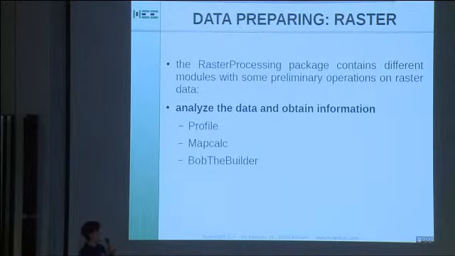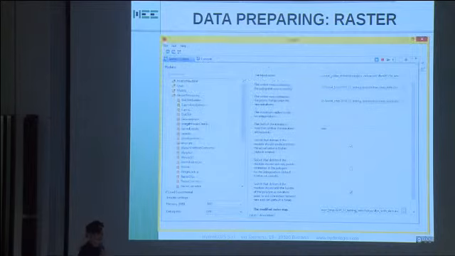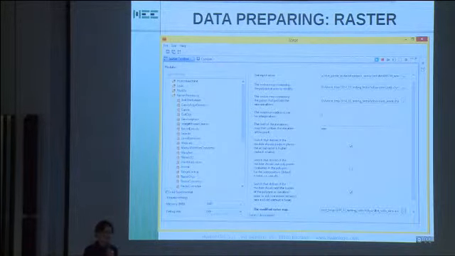And then there are tools that we developed for some special projects. In this case, one of those is the so-called Bob the Builder, because it can help you build some walls or some bridges or some dams, or in the other case, to erode and create holes or roads and so on.